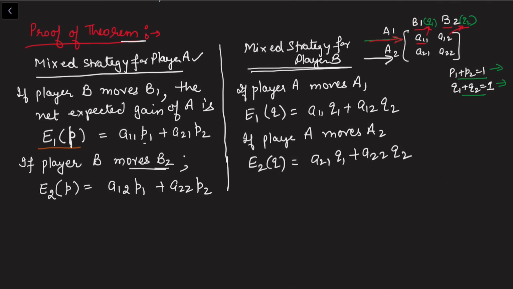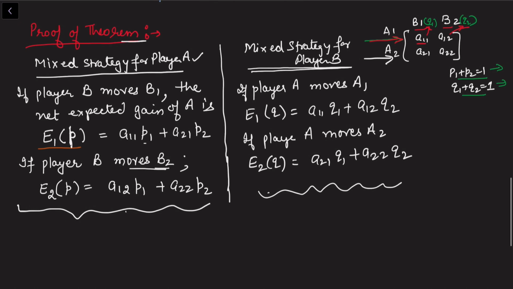Now obviously we want to maximize, we want to get the total gain from here. Similarly, the payoff matrix for A is gain, and for player B it becomes the loss, because we have written A on the left hand side, so this is the payoff for A. So what is the total expected gain?